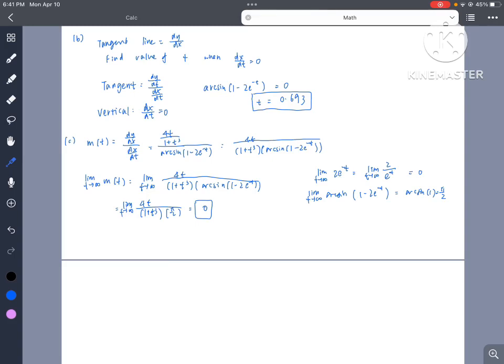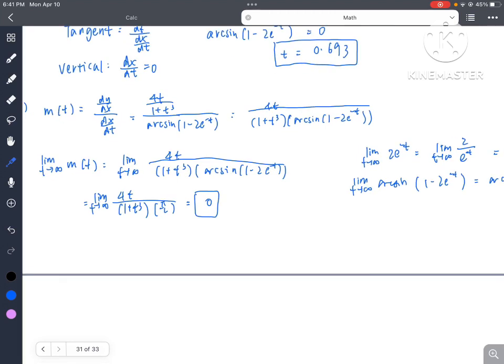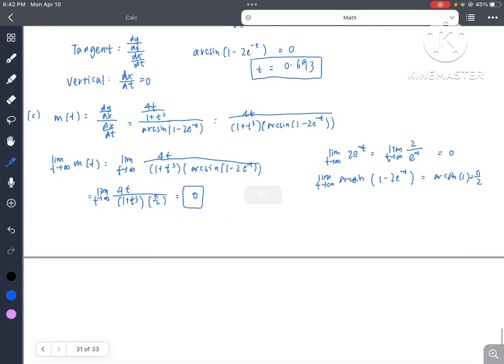So this expression is equal to arcsine of 1, which is pi over 2. So it's just a constant. Then when we analyze this limit expression, this is 4t, this is a constant, and this is 1 plus t squared. The power of 3 dominates over the power of 1, so this approaches 0. In conclusion, the slope approaches 0.